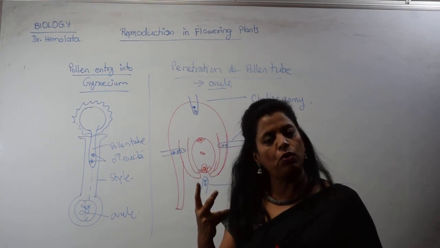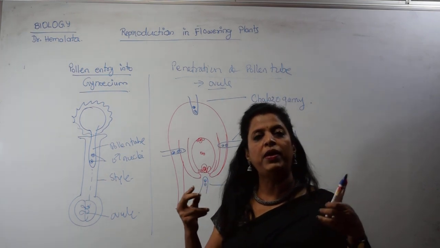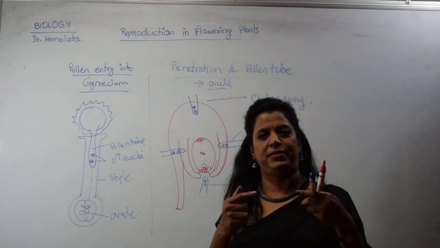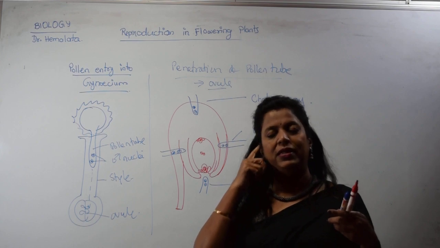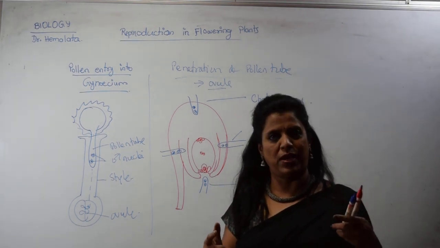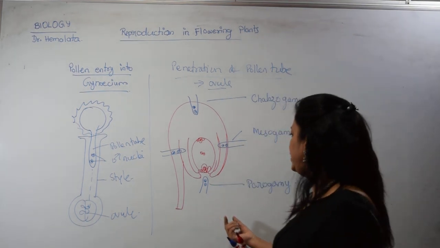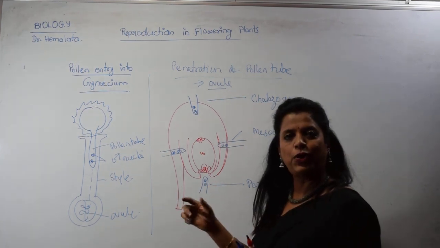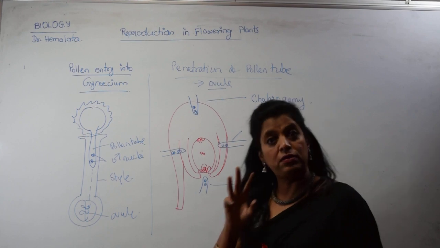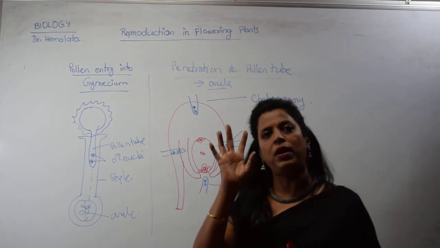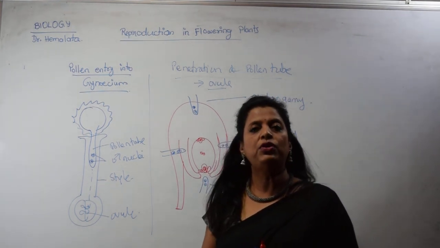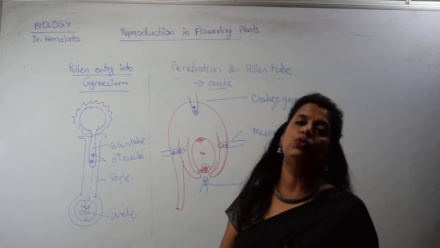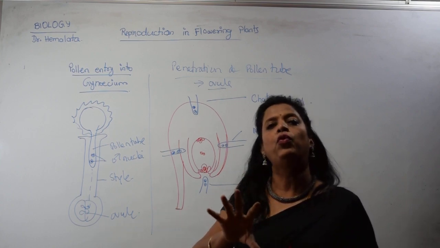Second one is mesogamy, where the pollen tube penetrates the ovule through the sides, right, through the integuments. If the pollen tube penetrates the ovule through the micropyle, it is called porogamy. This is a 3-mark question, or separately 1 mark when you ask this. So this is how it enters into the ovule.